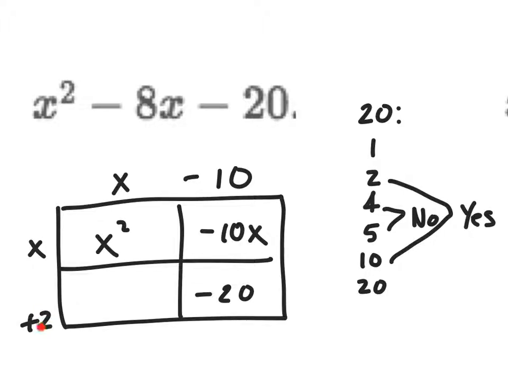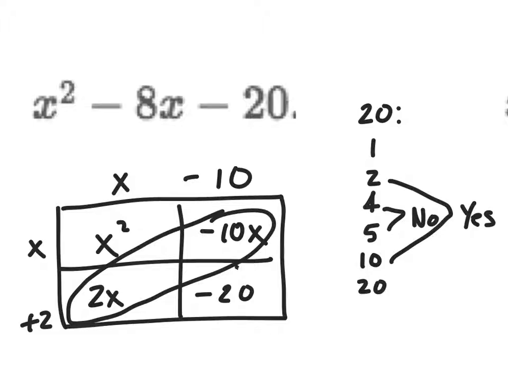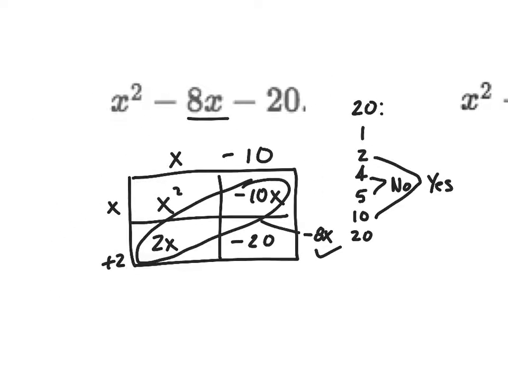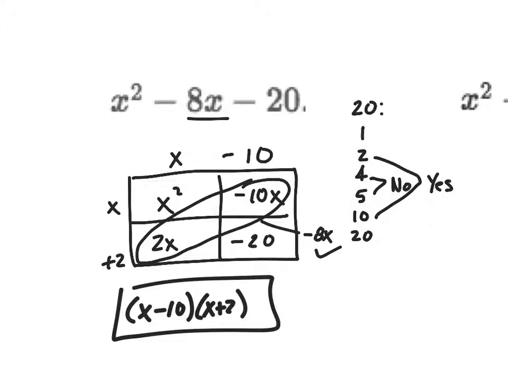If I take 2 times x, that's going to give me a positive 2x. And when I add these together, that's going to give me a negative 8x, which is what we were looking for. All right? So then this is going to factor to x minus 10 times x plus 2. And that's my answer.